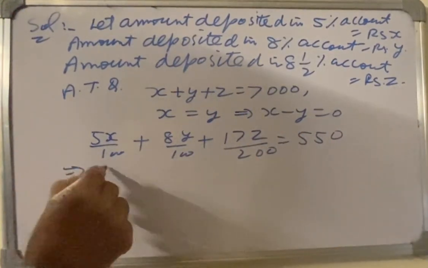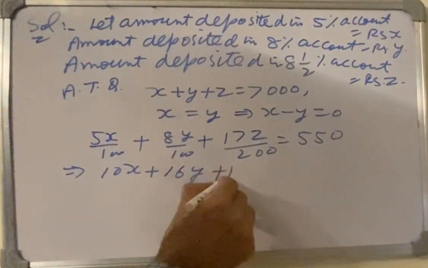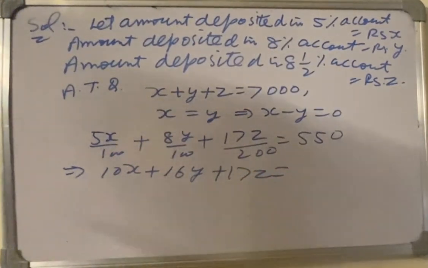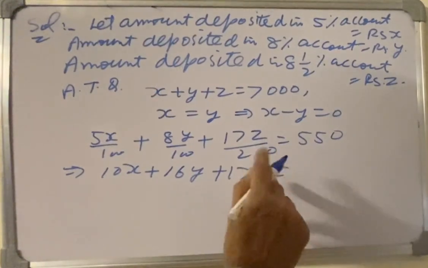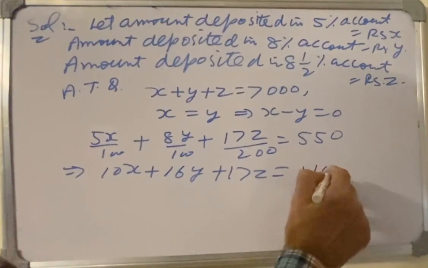Simplifying this, 10X plus 16Y plus 17Z is equal to 1,10,000.